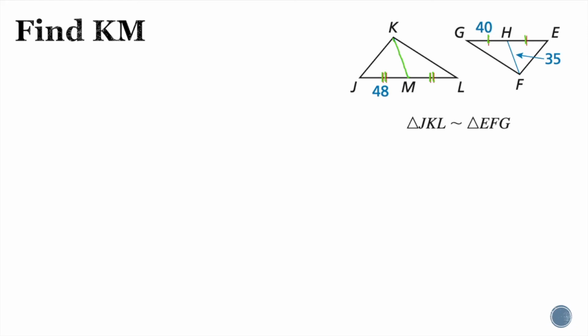So I'm going to use that to make my statement, which is GE over JL, which is 80 over 96, which reduces to 5/6 as my scale factor. Now, I'm going to do the same exact thing in order to find KM.